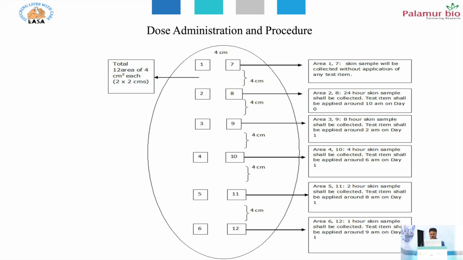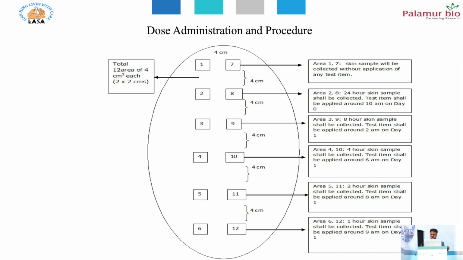This is a classical drug administration procedure, where you can see that areas 1 and 7, each 2 by 2 centimeters, so 4 centimeter square, of the 12 we have created. Areas 2 and 8 are the 24-hour sample, 3 and 9 are 8 hour, 4 and 10 for 4 hour, 5 and 11 for 2 hour, and 6 and 12 for 1 hour.